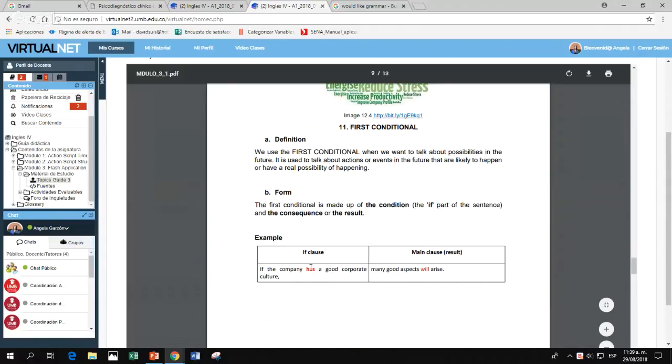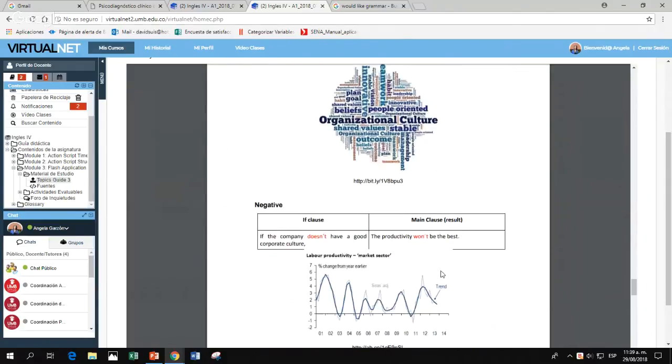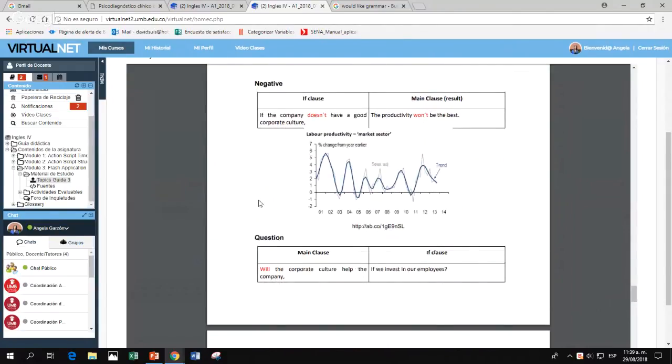So, if the company has a good corporate culture, si la compañía tiene una buena cultura corporativa, muchos aspectos buenos podrían incrementar, right? Many good aspects will arise. Entonces recordemos que para este futuro vamos a colocar el will, forma positiva, o el will not, forma negativa, o el won't, que es la contracción de ese will not. Y el verbo que le sigue en presente. Ese sería el orden gramatical para ello.